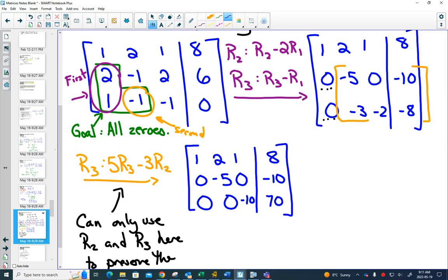Okay? Again, with positives and negatives, you got to be really careful with your mental math. So, can you see that negative 10z is equal to negative 10, and that z is going to equal 1?